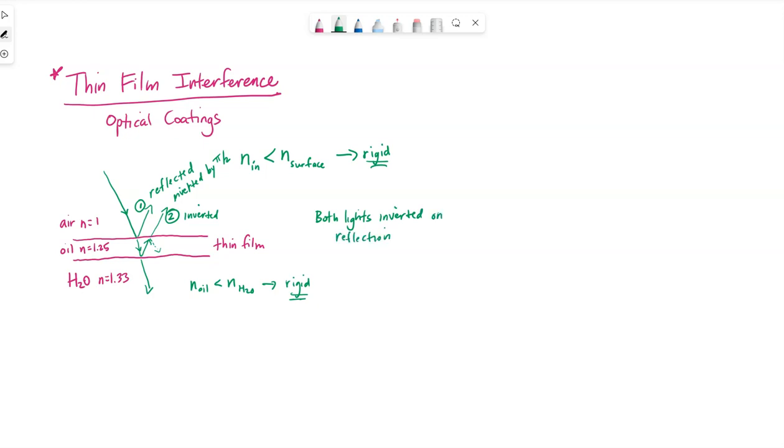Now, coming in, they're in phase because they both invert on reflection. They are both in phase right now, meaning we consider their initial conditions as they are coming towards us as being in phase, so a delta phi naught of 0.